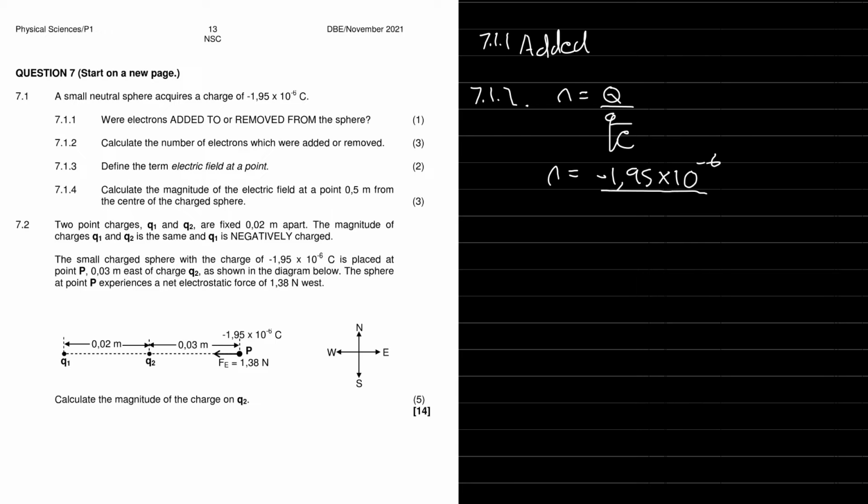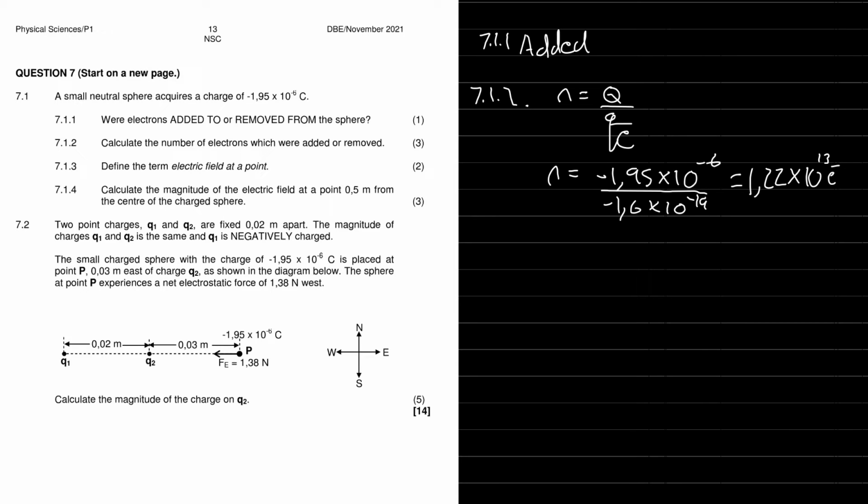Charge of an electron is on the formula sheets, and it is negative 1.6 times 10 to the negative 19. This gives you an answer of 1.22 times 10 to the 13 electrons. That looks like a 7, hang on. Okay.